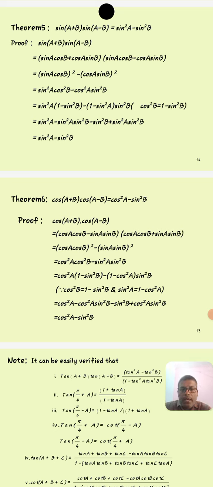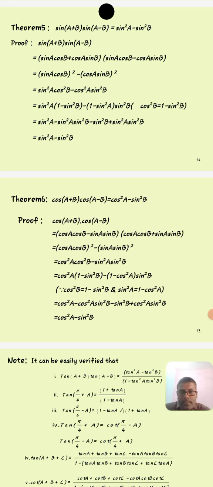The next step we write, that is equal to cos square a into cos square b minus sin square a into sin square b. Now the reverse: in the place of cos square b we write 1 minus sin square b, and in the place of sin square a we write 1 minus cos square a, into sin square b. Okay, now cos square b is equal to 1 minus sin square b and sin square a is equal to 1 minus cos square a.